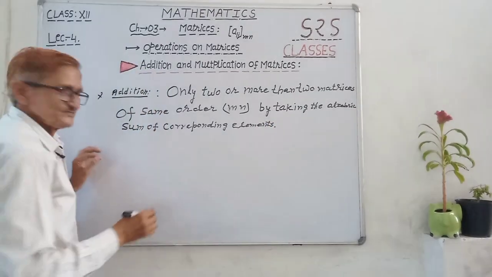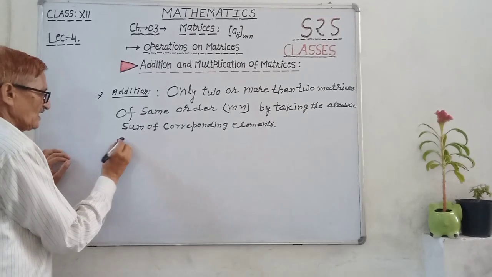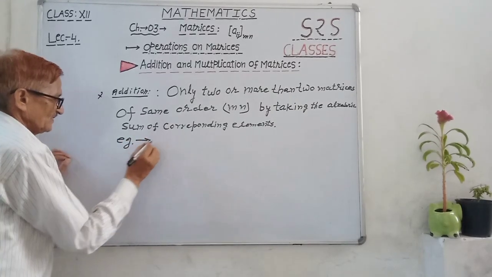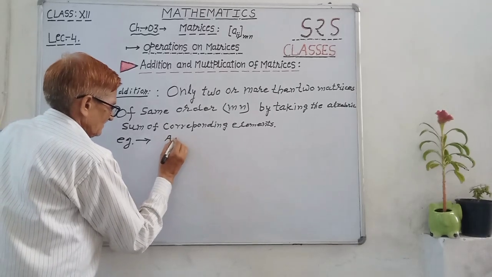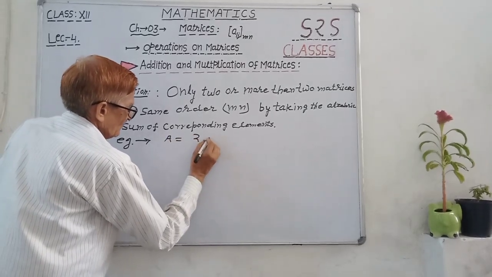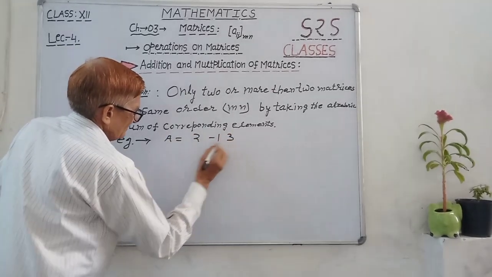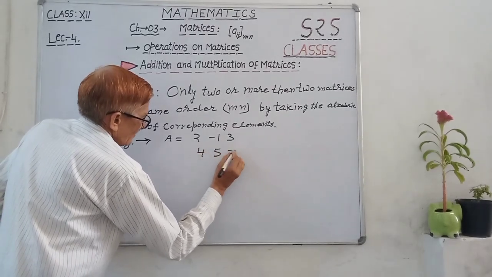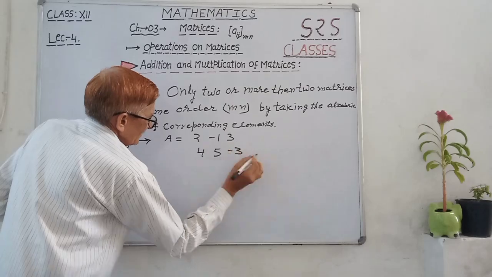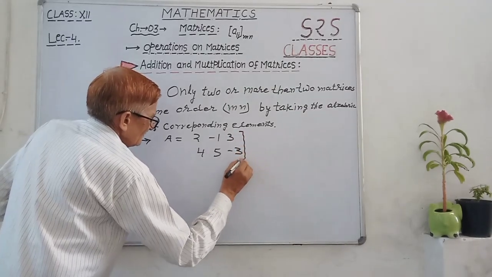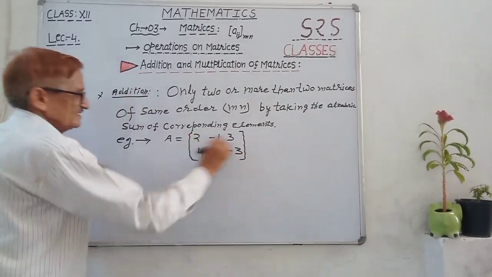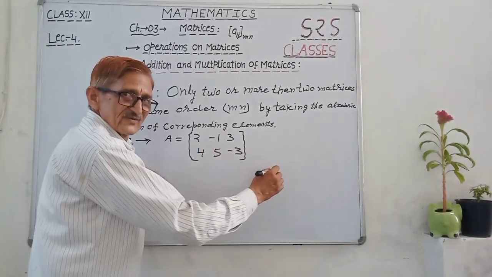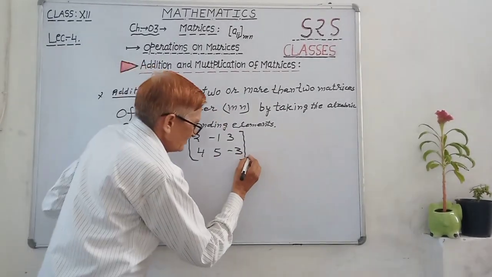For example, let A is equal to 2, minus 1, 3, 4, 5, minus 3. This is order of this matrix, 2 row, 3 column.